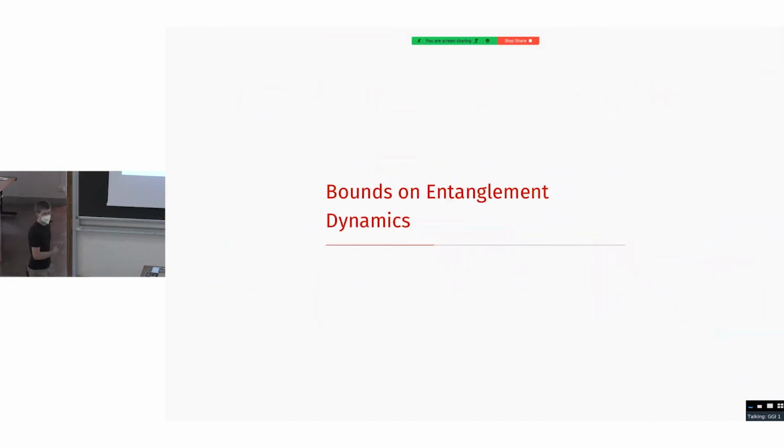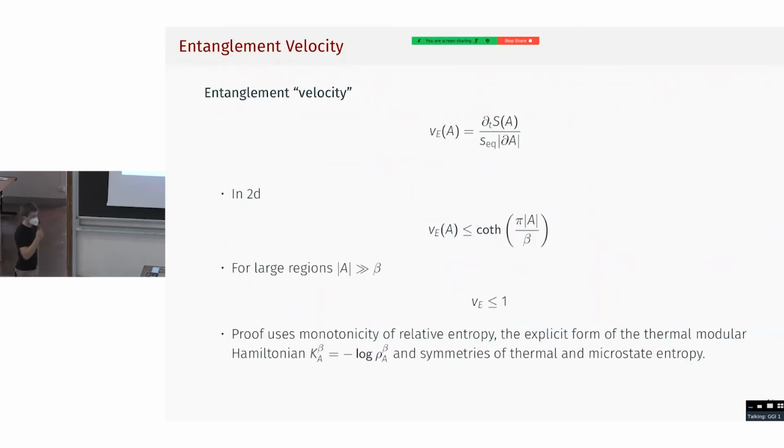Okay, so what are those bounds, or the particular bound I'm interested in? It's a bound on entanglement velocity. That's just velocity in quotation marks because it's not really a velocity. It's just a rate of increase of entropy normalized by the equilibrium entropy density and the volume of the boundary.